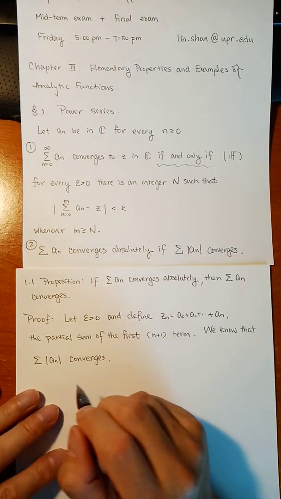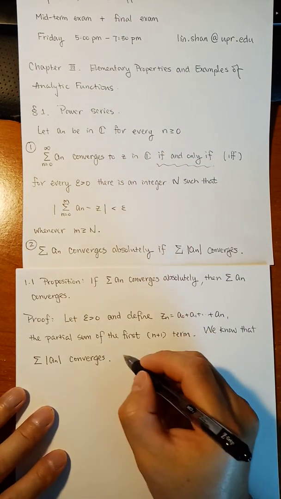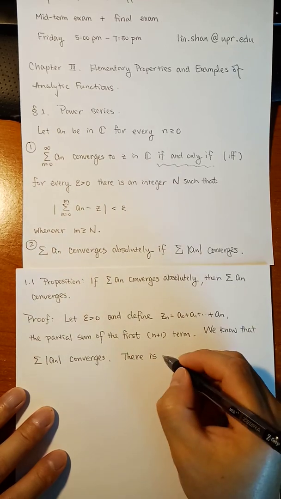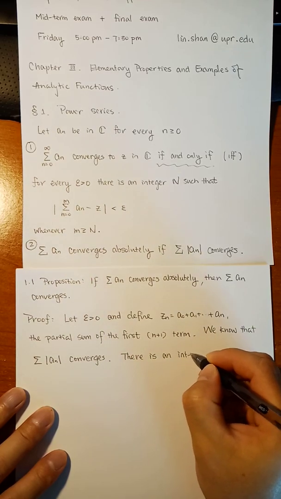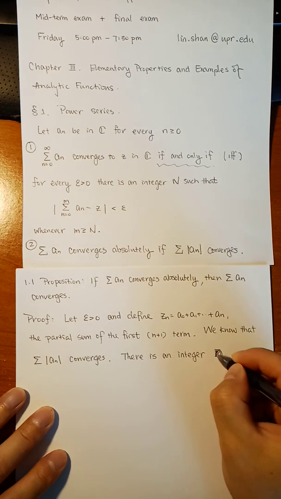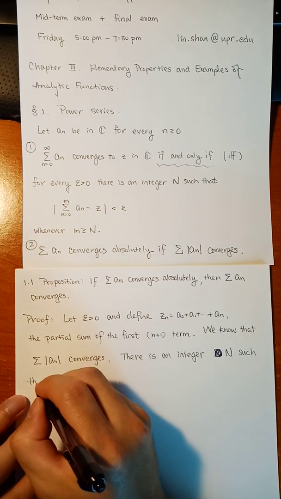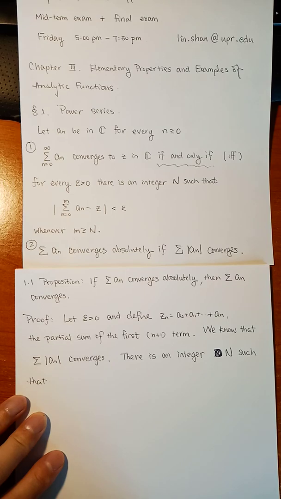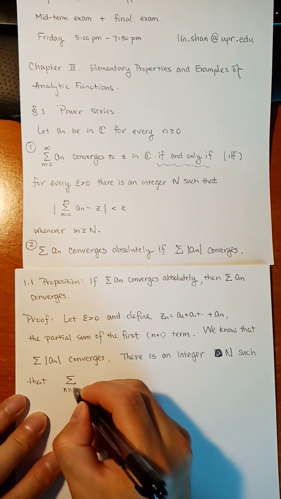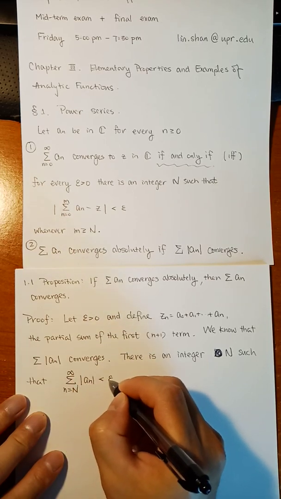Then there is an integer capital N such that the series sum from n equals capital N to infinity of absolute value of an is less than epsilon.